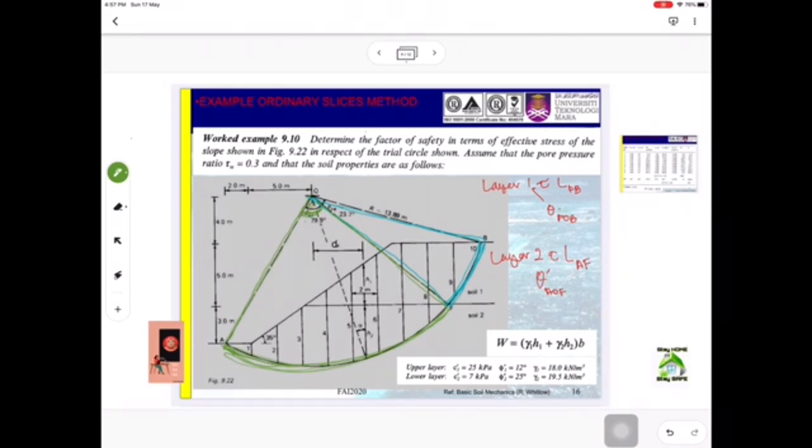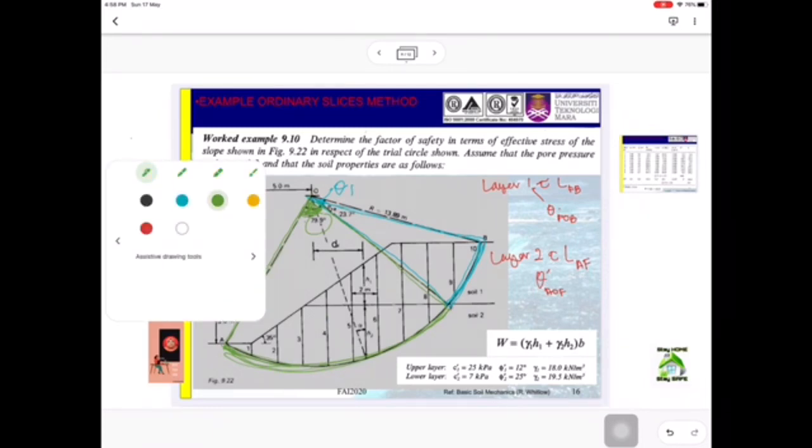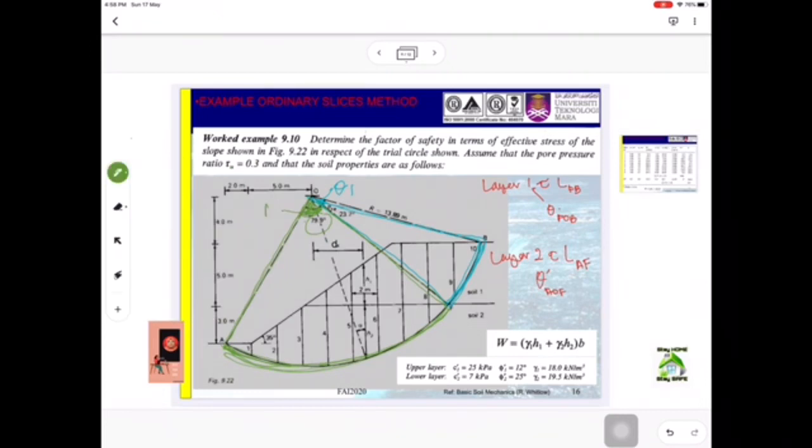So this theta is 79.9. This is theta 2 for layer 2. Okay, so this is theta 1 for layer 1. This is theta 2 for layer 2.